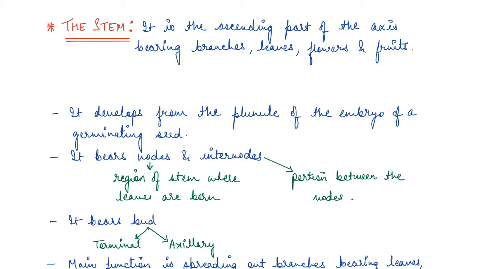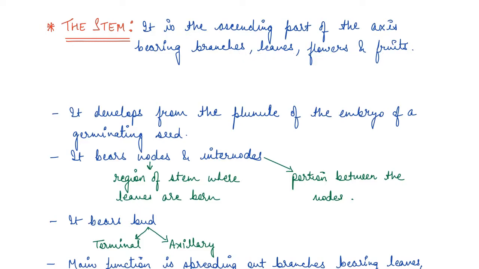So, what are the features in stem that basically differentiate it from any other part of the plant, be it root or the flowers or the fruit, right? So, basically, the stem is nothing but the ascending part of the axis, right? In the way we saw that root is the descending part of the axis, stem is the ascending part of the axis bearing branches, leaves, flowers, and fruits.